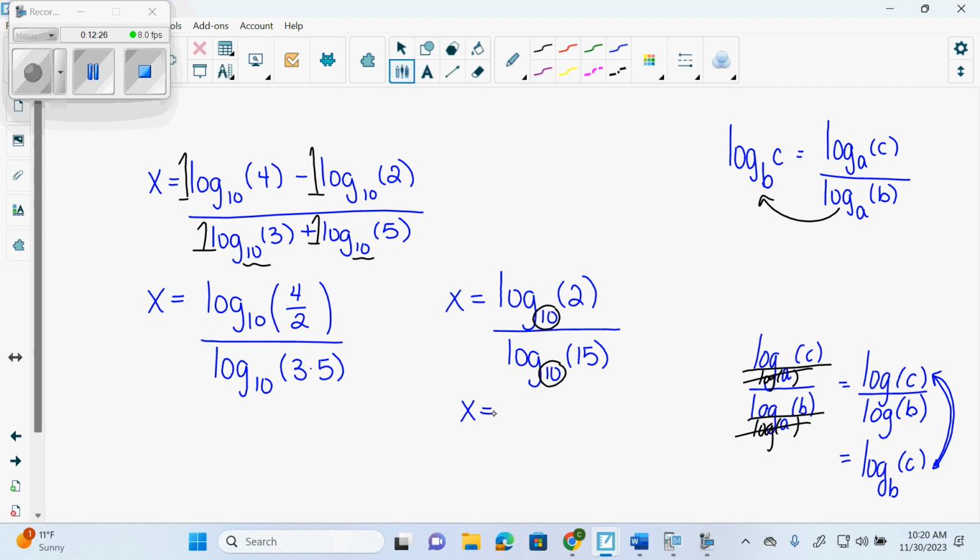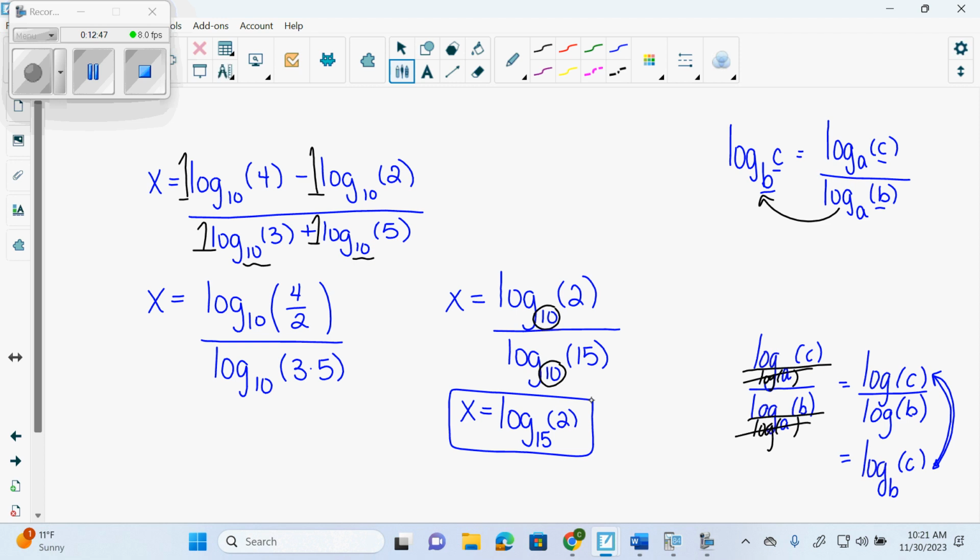And what's in the bottom is going to become the base, the b. Do you see that? The b and the b here? And the c and the c here. So I'm going to get log base 15 of 2. So that's this big, long, convoluted log into a nice little log.